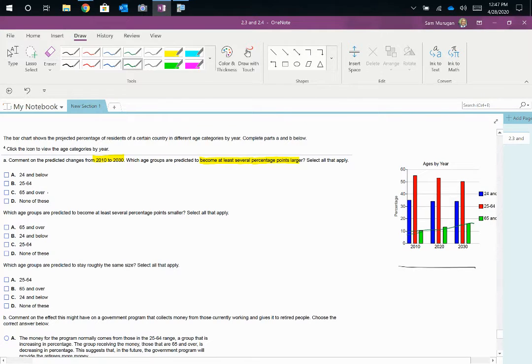So 65 and over is growing. The older population is growing. Which one has become at least several percentage points smaller? And we can see that the red category here, the 25 to 64, is decreasing.